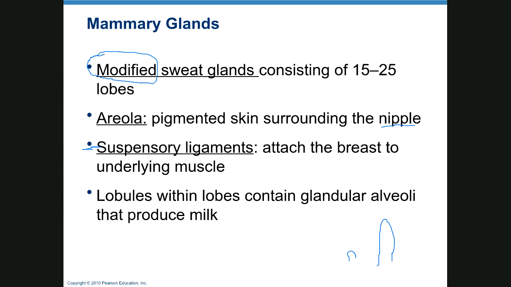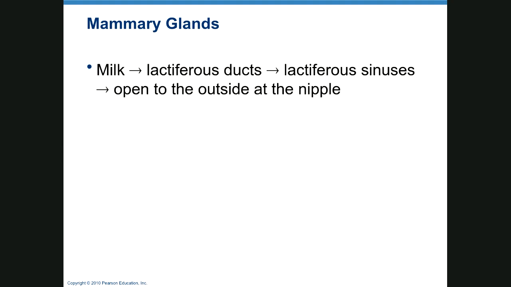They say the larger they are, the harder they fall. I better hush. Okay, now the lobules within the lobes have glandular alveoli, which produce milk. Okay, the milk then goes to the lactiferous ducts, lactiferous sinuses, and then opens to the outside of the nipples.